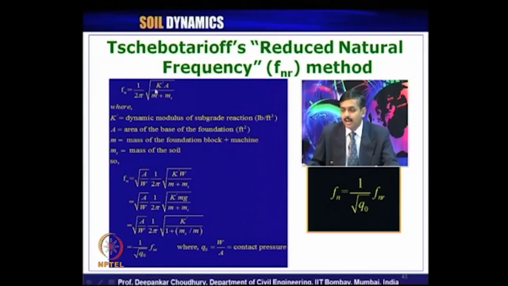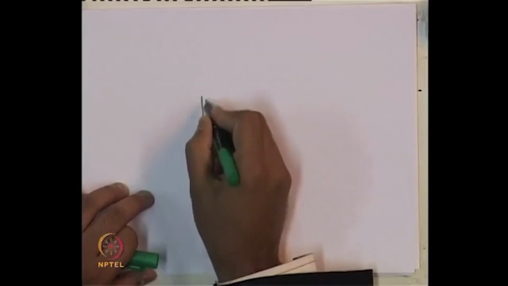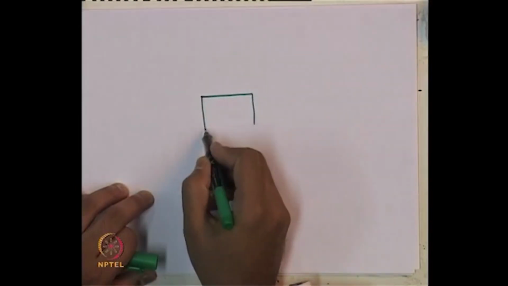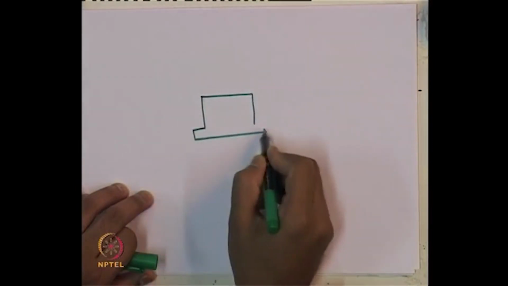But later on it has been simplified by Shobeteriev. That is why it is said that Shobeteriev's basic model is generated from the concept of Digbeau's model. Because in Digbeau's model, if we draw it, suppose we have a block type of foundation.